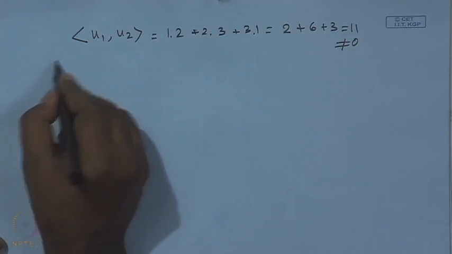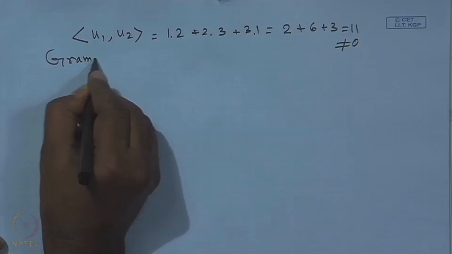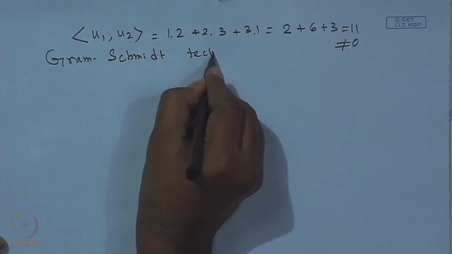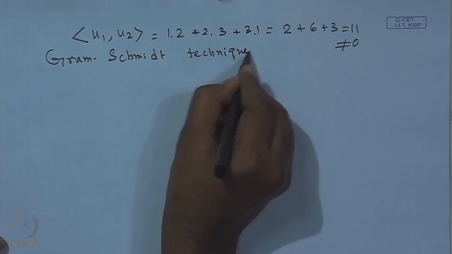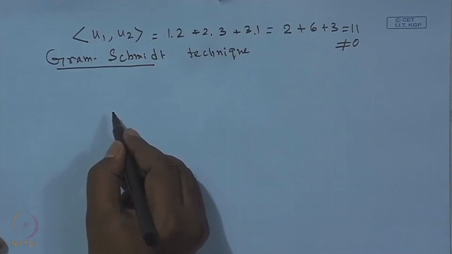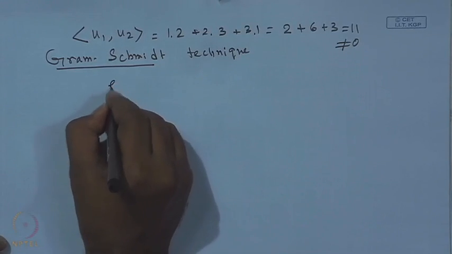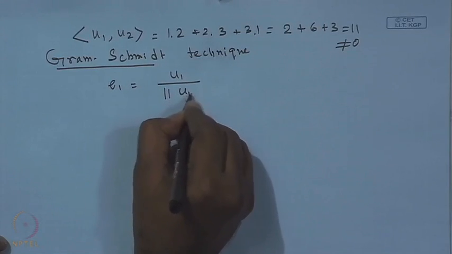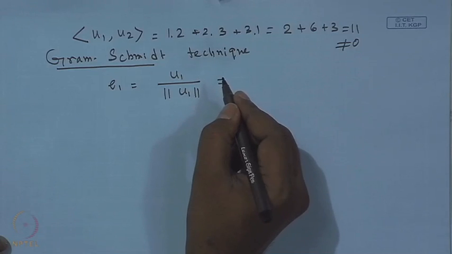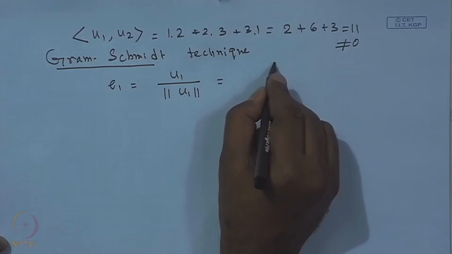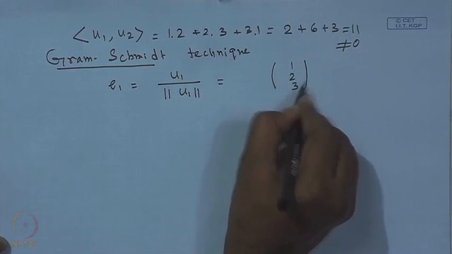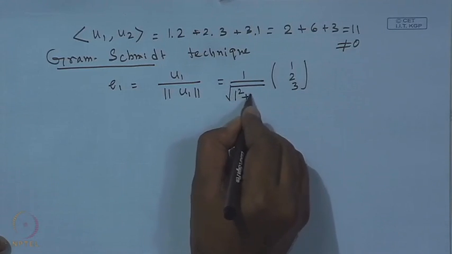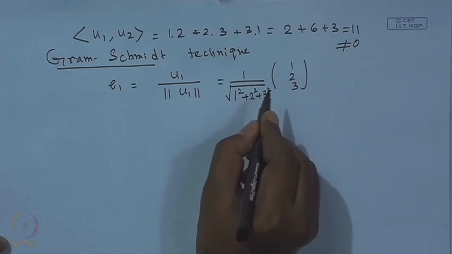So, the first element we are targeting is e1. e1 is nothing but u1 divided by the norm of u1. So, u1 is 1 2 3, and the norm of u1 will be nothing but root over 1 square plus 2 square plus 3 square.